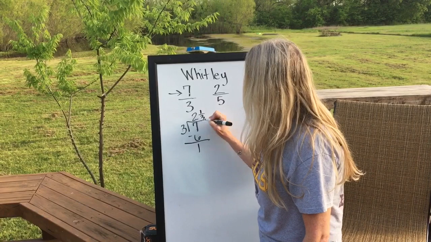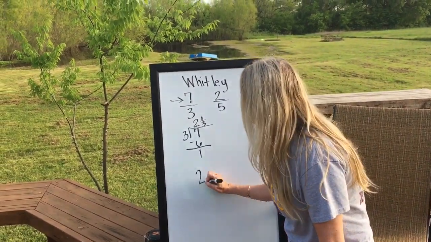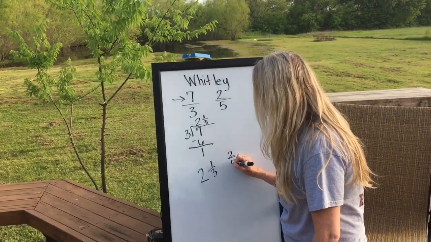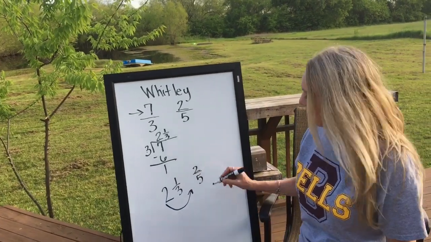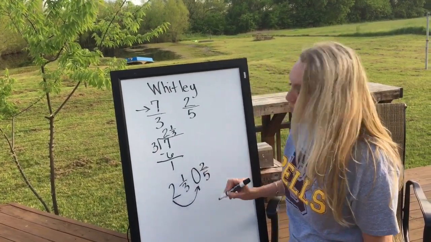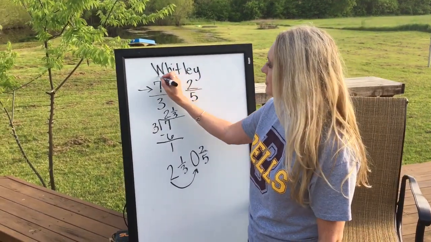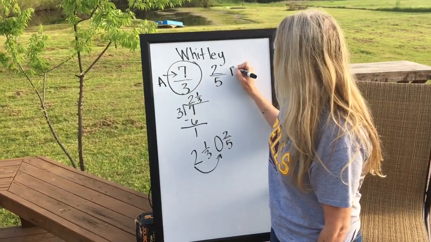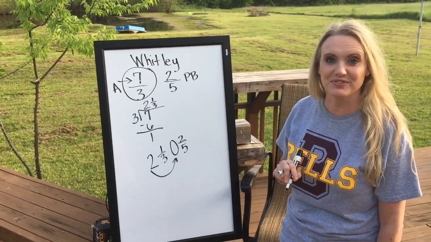Subtract, and you get 2 whole and 1/3. So 2 whole and 1/3 we know is definitely going to be bigger than 2/5 because there's no wholes. So Whitley definitely spent more time taking care of her animals than playing basketball with her sister.